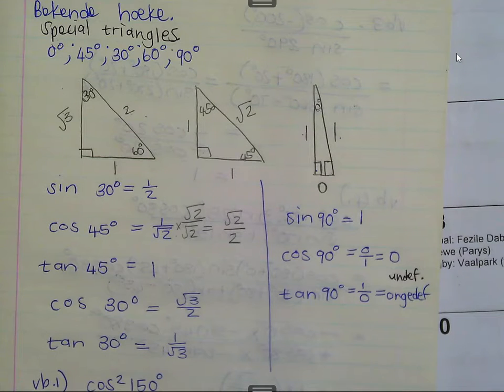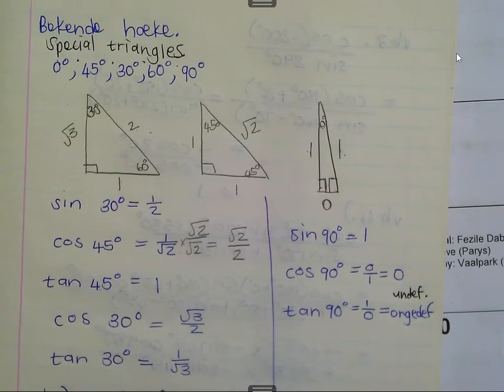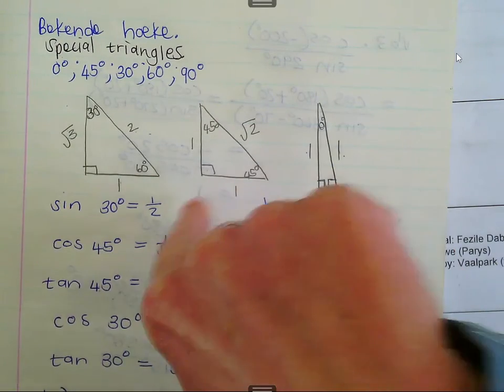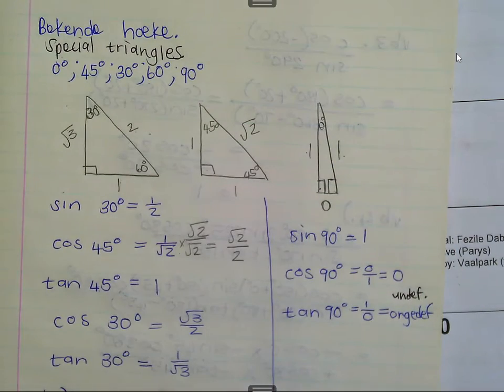But, grade 11s, all you need to do is know and recognize those special angles, and then you can type it on your calculator. So you don't have to use these 3 triangles. It's perfectly fine if you do, but you can cheat on your calculator.